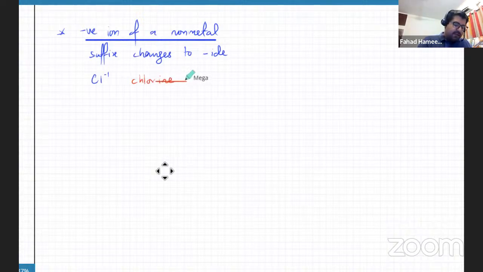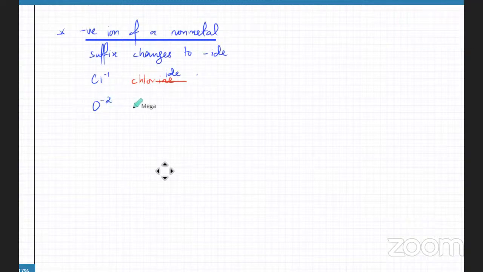Instead of chlorine, it would be chloride. Do you remember that the name of the negative ion of the non-metal changes? What would you call oxygen, which has a charge of -2? Oxide. Okay, that's oxide, and so on.